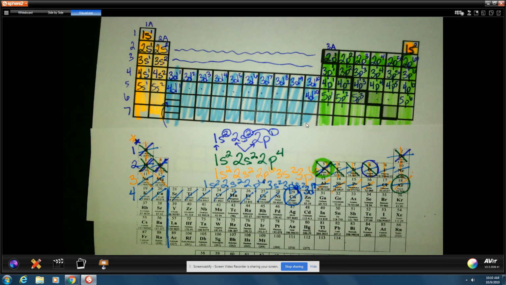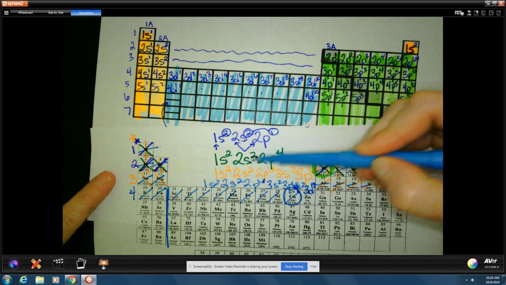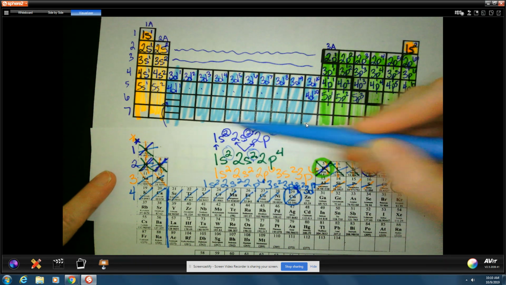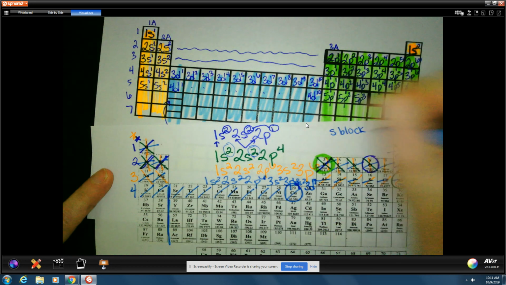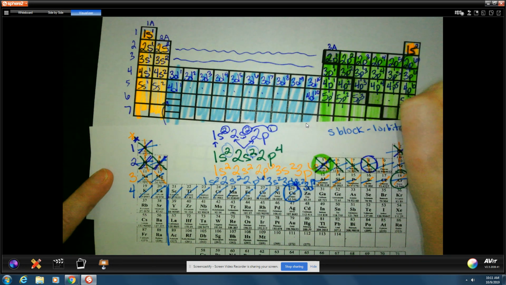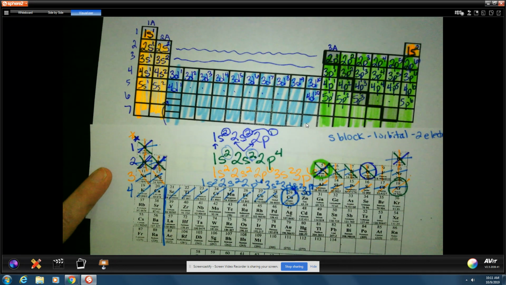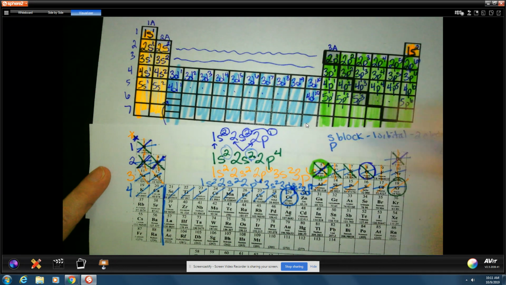So some important things that you need to realize from this is that the highest number that S can ever get to right here is 2, right? Because there's only 2 columns. Well, that means in the S block, there's 1 orbital and 2 electrons total. This is kind of just memorization stuff. In the P block, the highest number we can ever get to is 6. 1, 2, 3, 4, 5, 6.